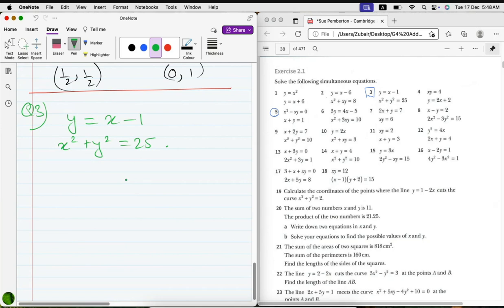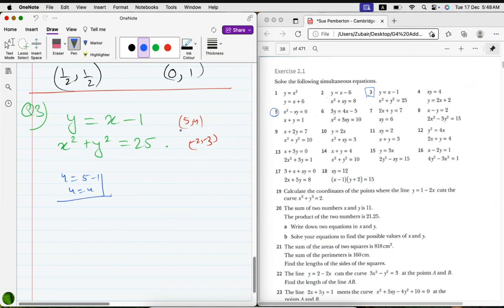Okay. So I got 5, 4, and -2, -3. So I'll quickly check this. When x is 5 and y is 4, 5 minus 1 is 4. First done.